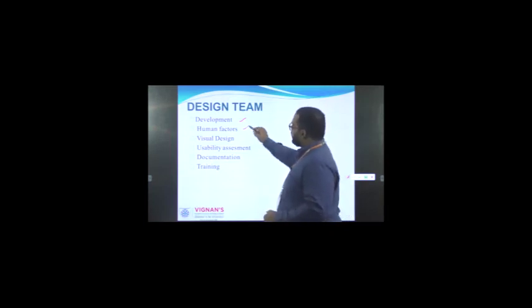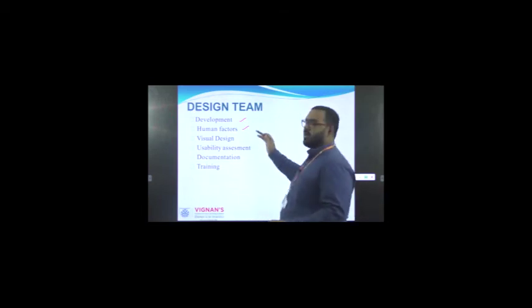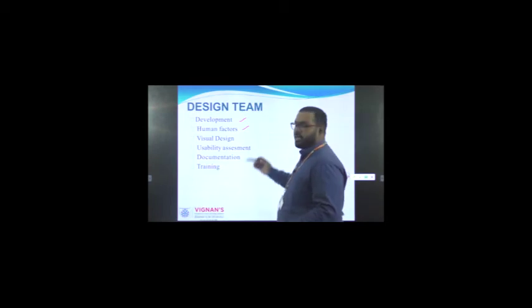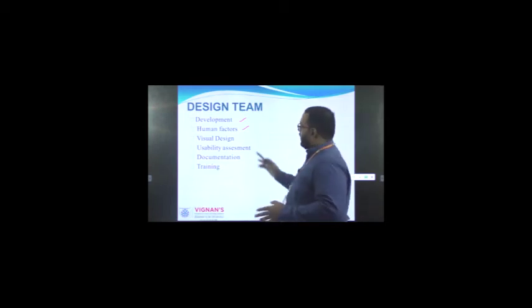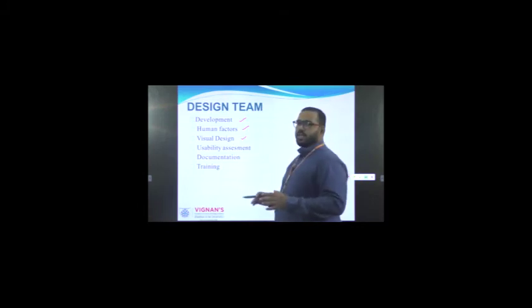Similarly, human factors such as mental models, which we are going to talk about in a later session, or communication and common human errors should be reduced, and the visual designs will increase the output of the design. Based on the visual designs, we can understand what is the problem in the output.